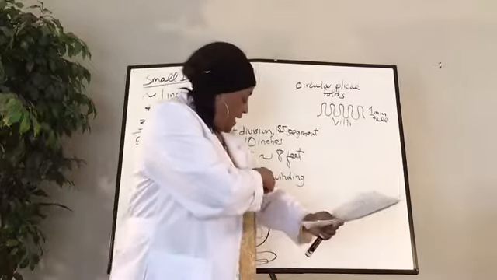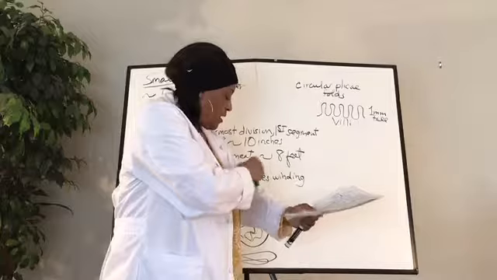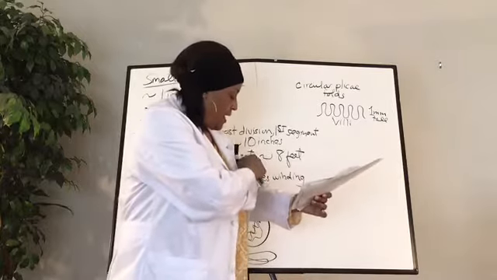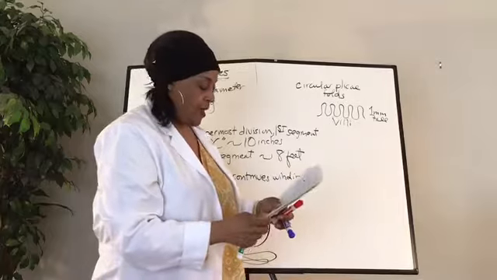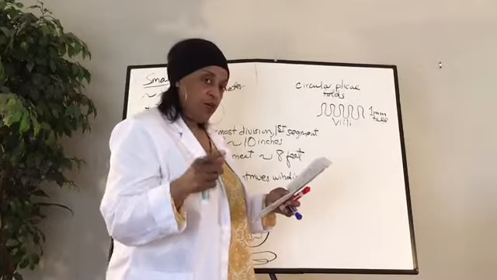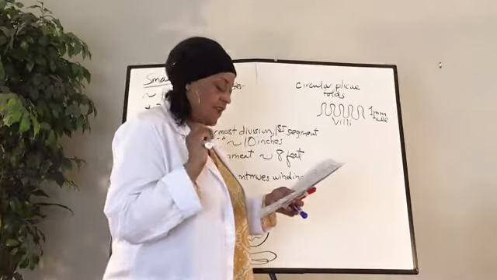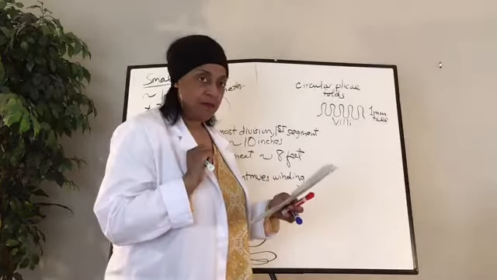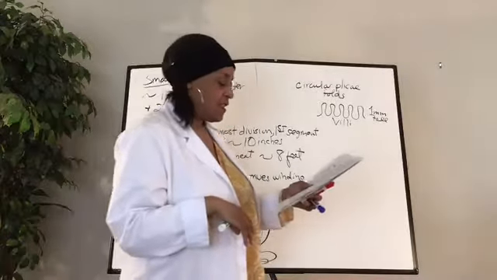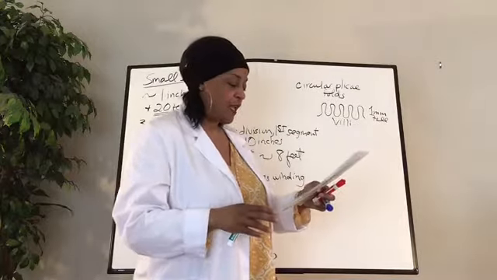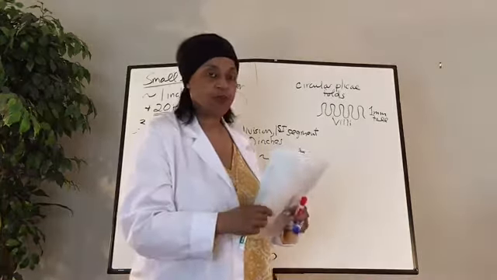Interestingly enough, each one of these villi contains an arteriole, a venule, and a lymphatic vessel called a lacteal. On the surface of each villus, there's another type of epithelium. It makes a brush border, and it's known as microvilli.